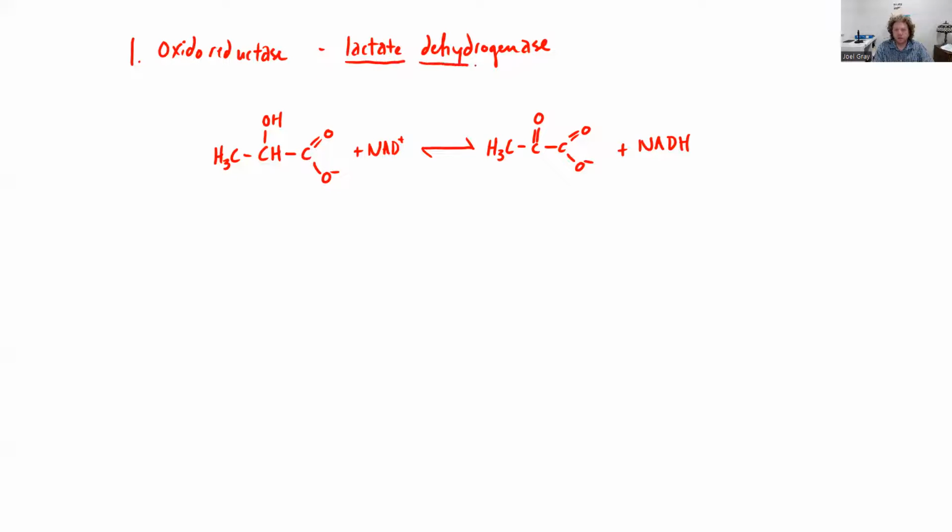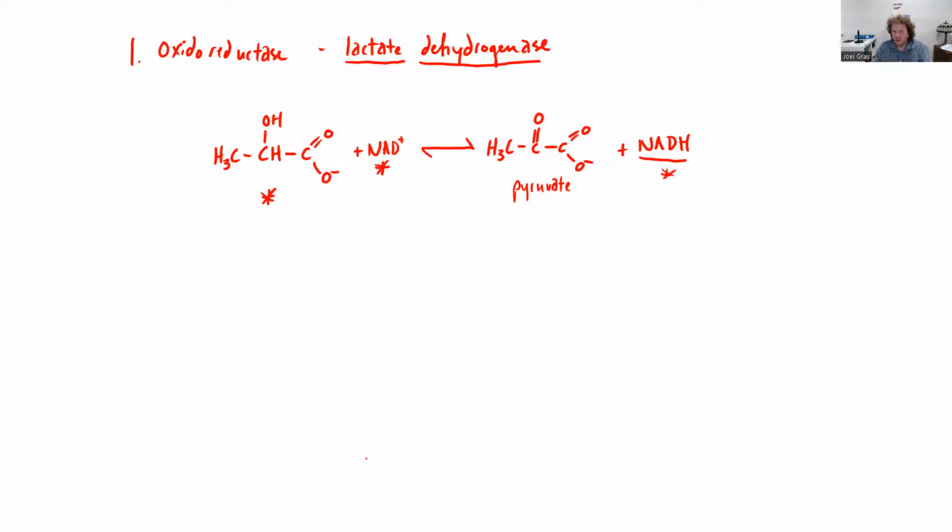And what lactate dehydrogenase does is it takes this molecule right here, lactate, as well as nicotinamide adenine dinucleotide, and produces pyruvate and NADH. Okay. Now, one good sort of tell or indicator that you're dealing with an oxidoreductase is that you have something like NAD+ and NADH.